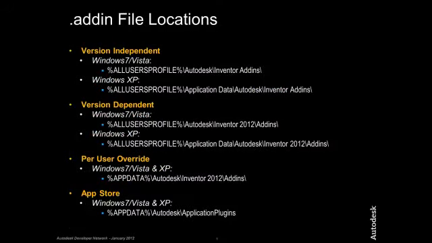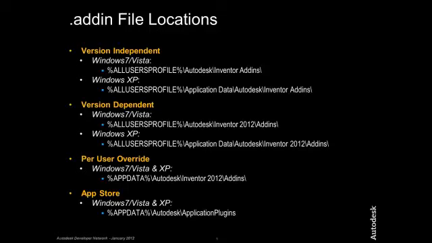Here are the various locations that will be scanned by Inventor during startup in order to browse for .addin files and try to load add-ins. We can see that we have four locations depending on how we want to load the add-in concerning the Inventor version. The first one is version independent, so the .addin files placed in this directory will be loaded by any version of Inventor.